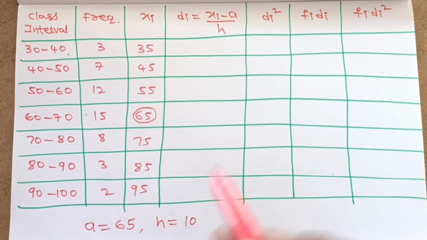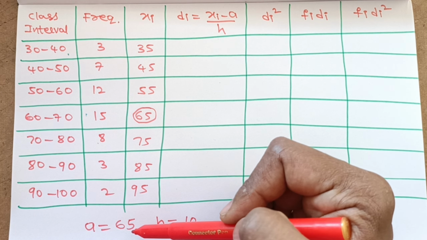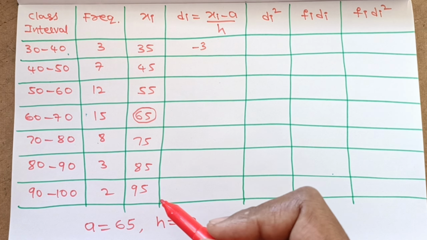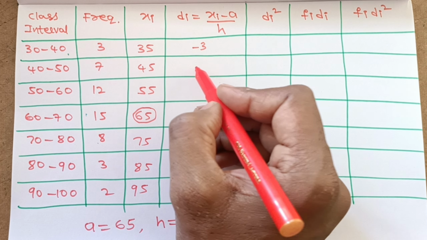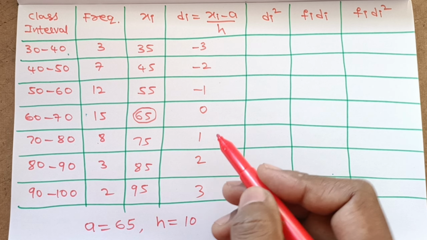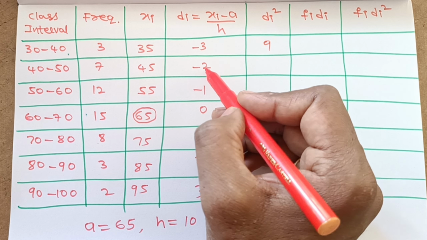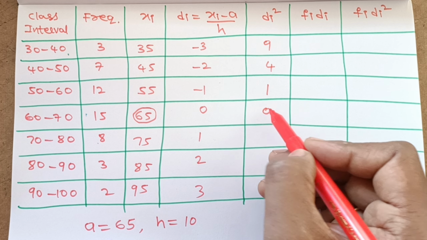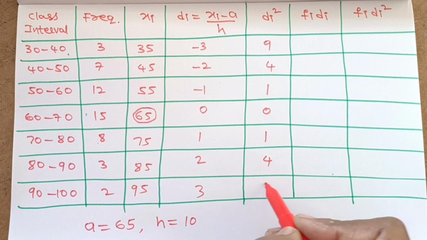Now we can find the di values, that is xi minus a by h. 35 minus 65 is minus 30, divided by 10, that is minus 3. Next, 45 minus 65 divided by 10, that is minus 2. Next, minus 1, 0, 1, 2, 3; you can write directly. Next, di square: minus 3 square is 9, minus 2 square is 4, minus 1 square is 1, 0 square is 0, 1 square is 1, 2 square is 4, 3 square is 9.